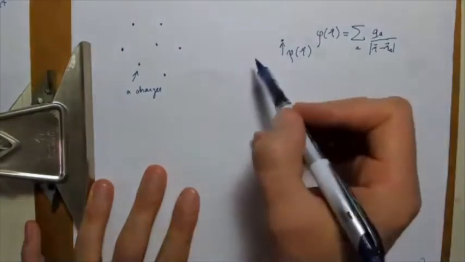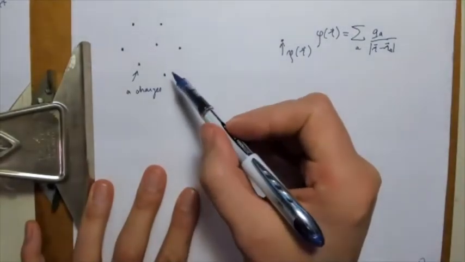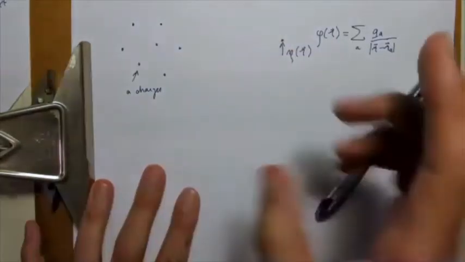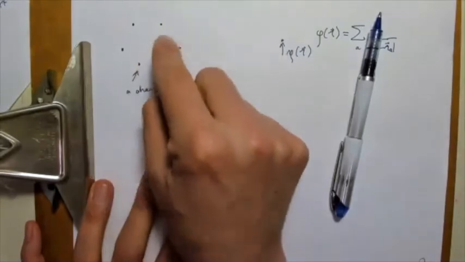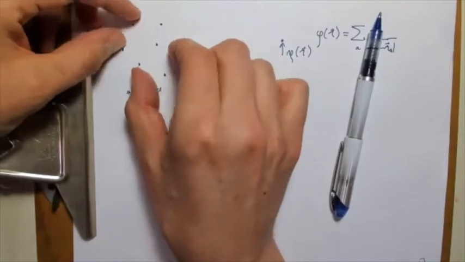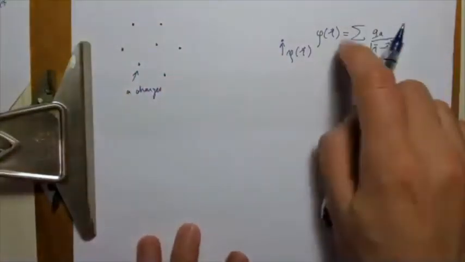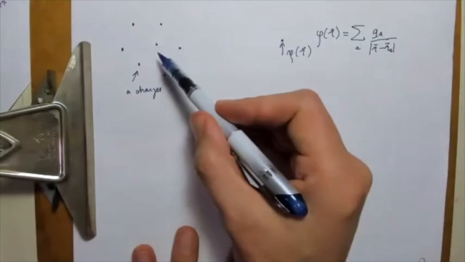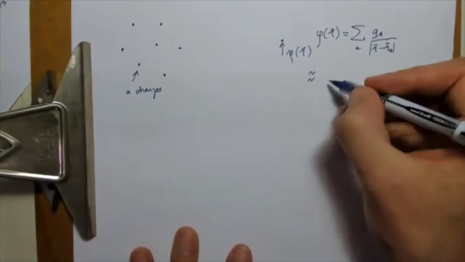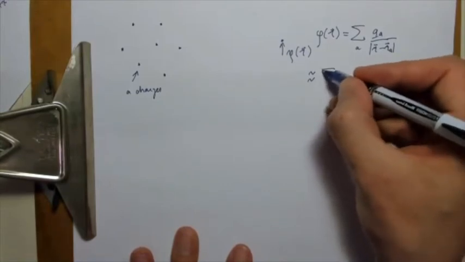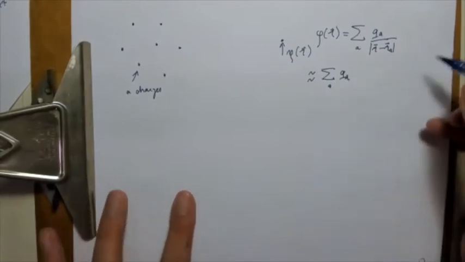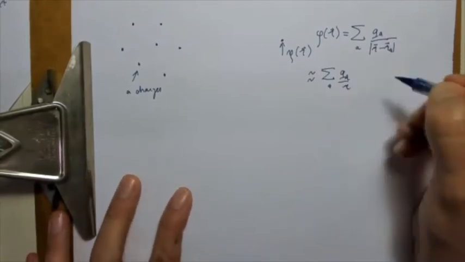Now, if we're really far away from this set of charges, then it is as if all of these charged objects are close together on a single spot, and therefore the first approximation to that potential is just the sum of Q_A over r.